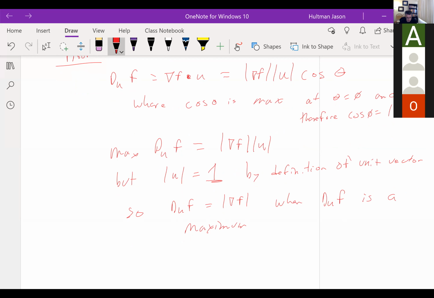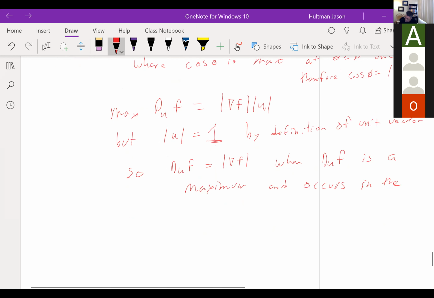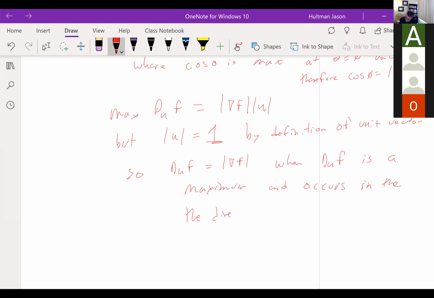Well, that's kind of cool. And it occurs in the direction of the gradient function, because there's only one direction here.